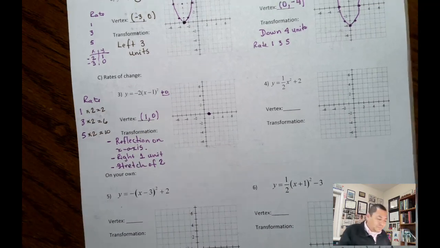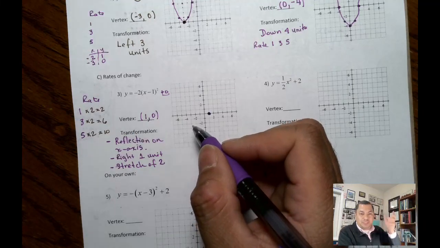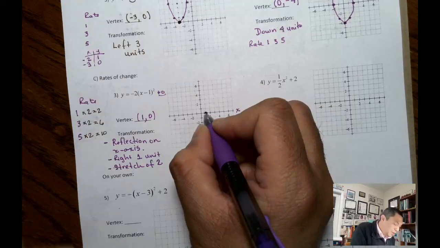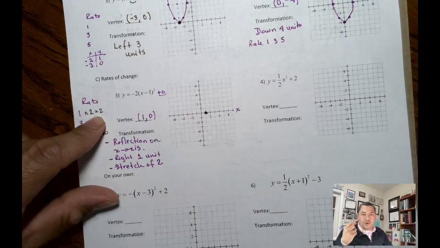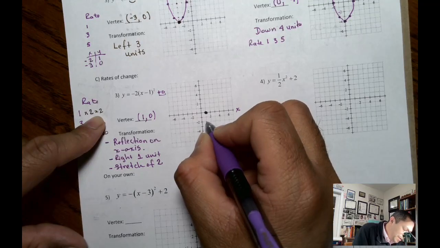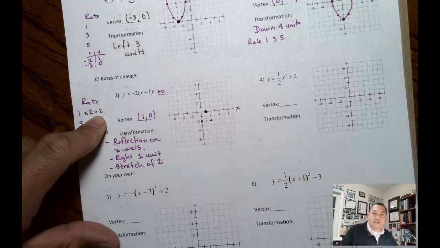Let's do it. So we start here. Instead of going up, we're going down because it's negative. We have a reflection in x-axis. This is x. So we are going 2 units down, 1, 2, and then 1 left and 1 right.